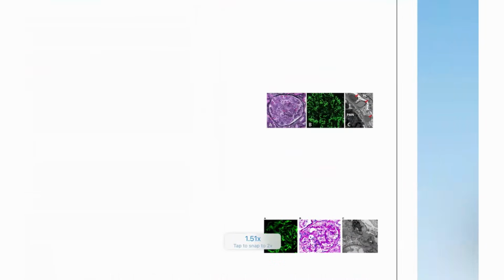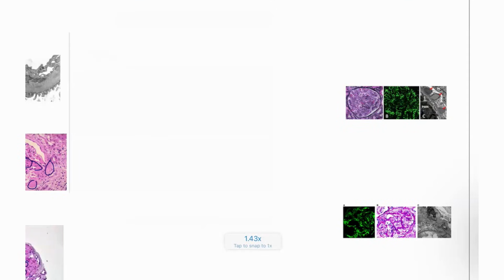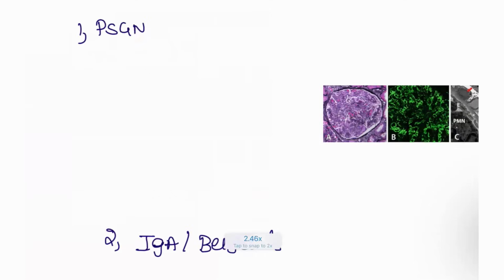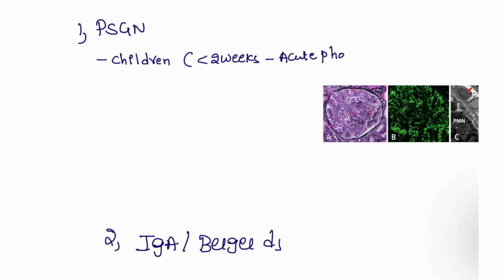Next, here come the nephritic conditions. First we have post-streptococcal glomerulonephritis, and the second one is IgA nephropathy, also known as Berger disease. First, post-streptococcal glomerulonephritis is seen in children who have a history, less than 2 weeks ago, of acute pharyngitis or a pyogenes-related skin condition.